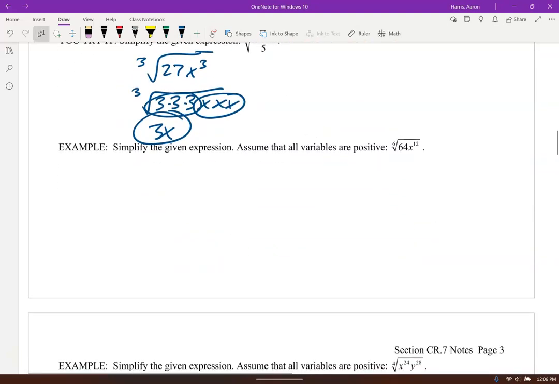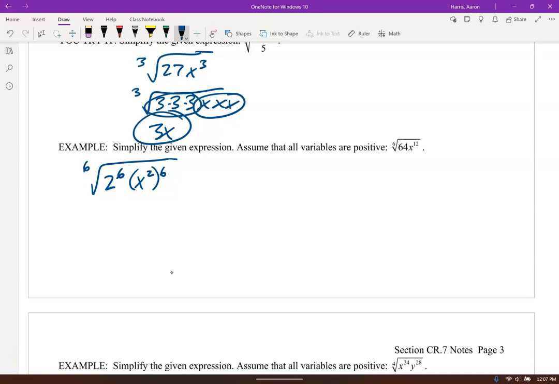Again, let's do a 6th root here. 6th root of 64. Well, 64 is 2 to the 6th. I'm going to write it that way: 2 times 2 times 2 times 2 times 2 times 2. And now I'm going to go ahead and write x to the 12th in packages of 6, if you will. So x squared to the 6th is x to the 12th, right?